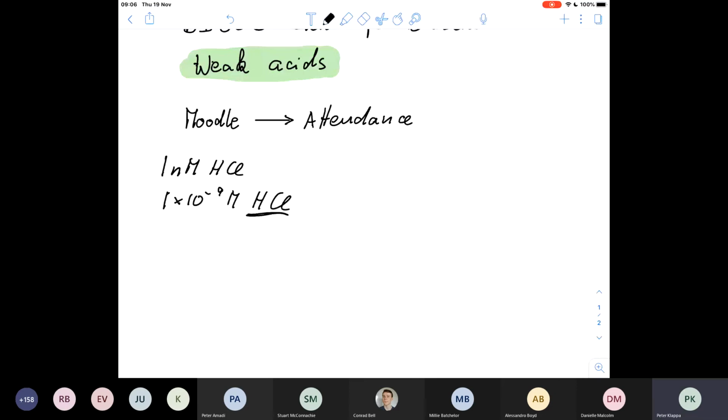And HCl certainly is an acid. There's no doubt about it. And I asked you to calculate the pH of this 1 nanomolar hydrochloric acid. And what did you give me? I told you the pH equals negative log of the proton concentration. And you gave me pH equals 9. Absolutely right. It is right that you gave me that.